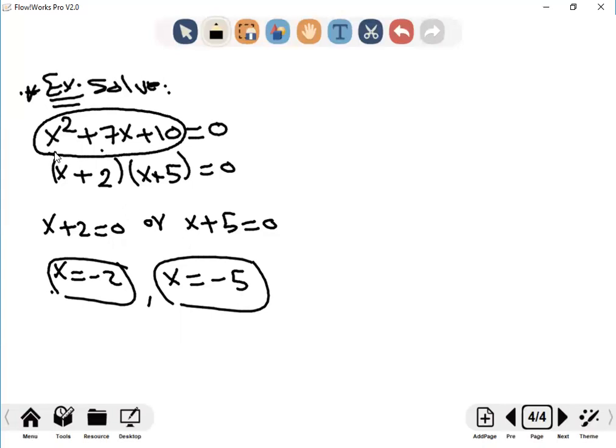Negative 5 power 2 is positive 25. 7 by negative 5 is negative 35. 25 minus 35 minus 10 plus 10 equals 0. Okay? These we call the solutions of the quadratic equation.